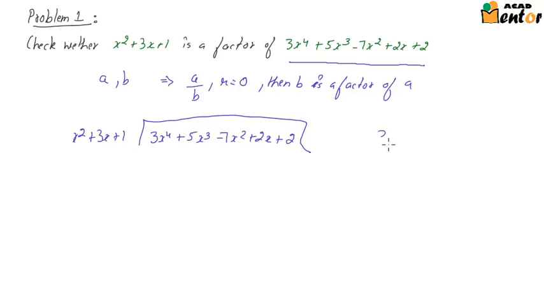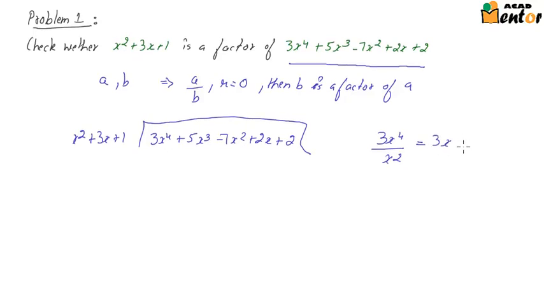So that number would be 3x to the power 4 divided by x square, and this becomes 3x square. So the first term of the quotient would be 3x square.